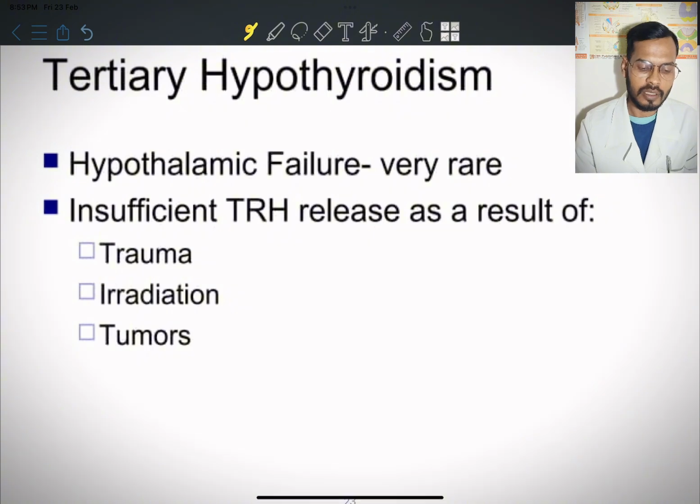Tertiary hypothyroidism is hypothalamic failure, which is very rare, with insufficient thyroid releasing hormone as a result of trauma, irradiation, and tumors.